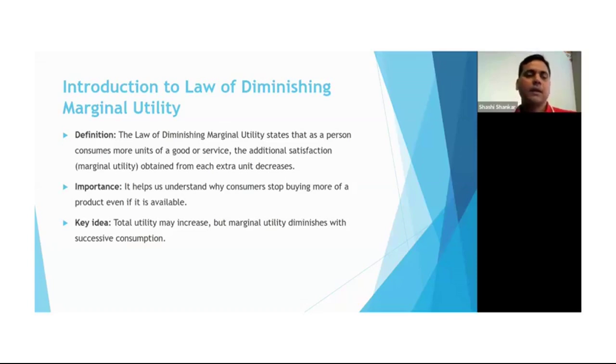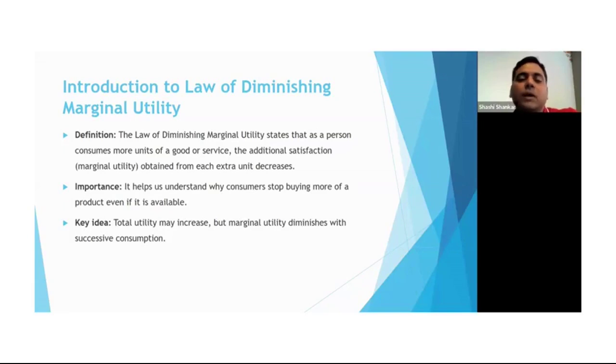All right. So what is the importance of studying this, and why is it important for an economist? It helps us understand why consumers stop buying more of a product even if it is easily available in the market. Still, people are not ready to buy that much quantity.